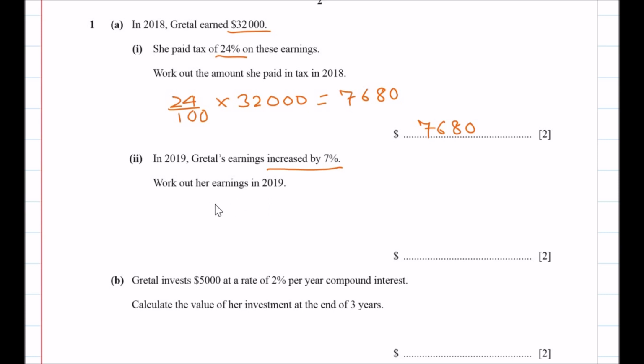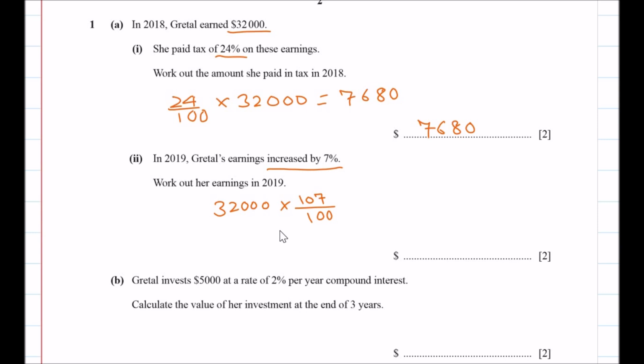What you need to do? Original amount earning is 32,000 into, we have to increase by 7%. So on 100, how much increase? 7. So that becomes 107, right? 100 plus 7, 107, and divide by 100.